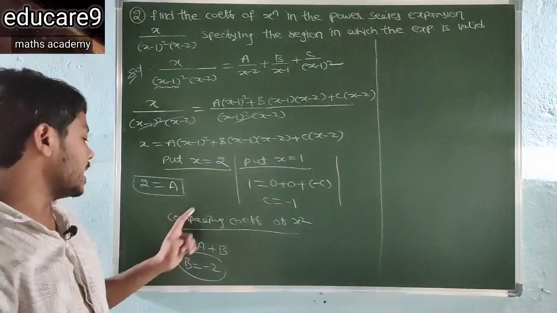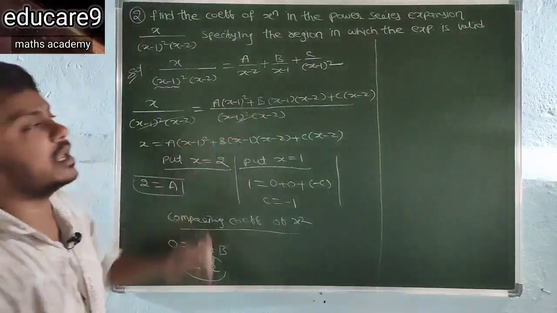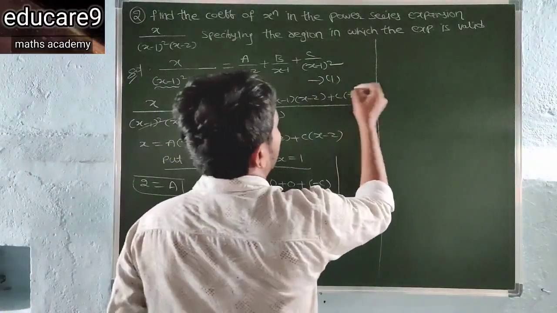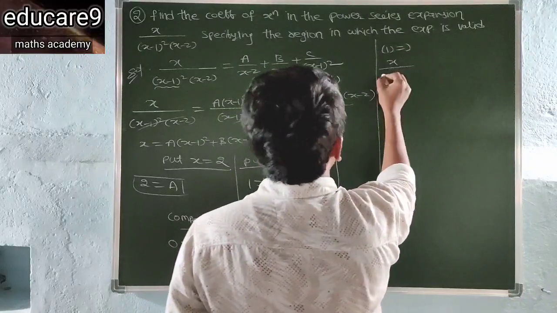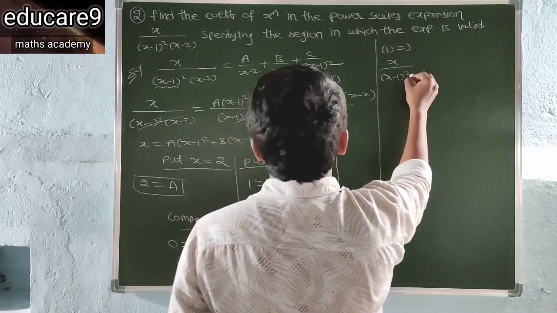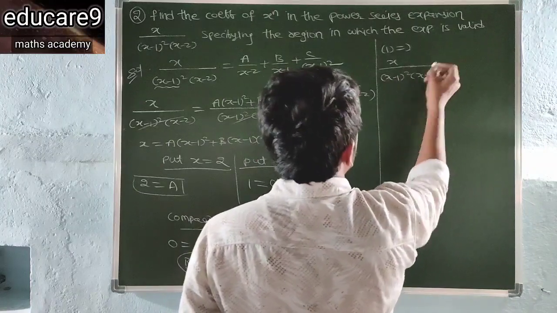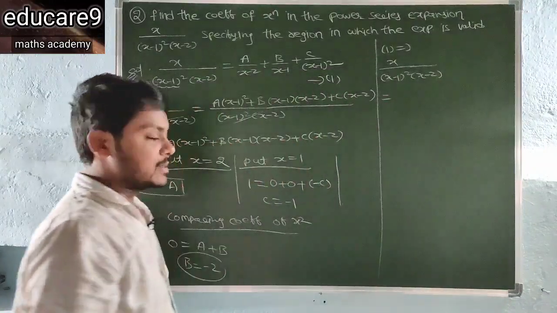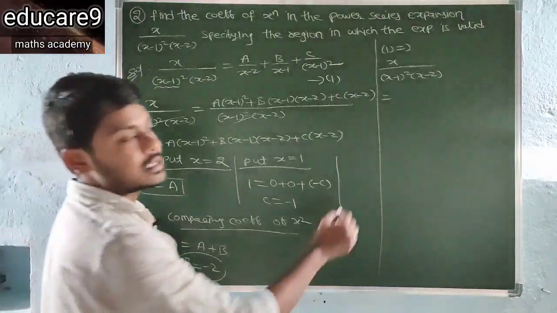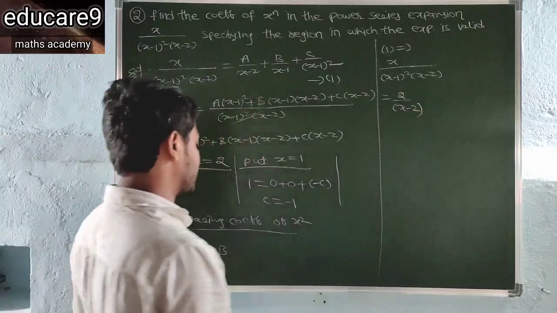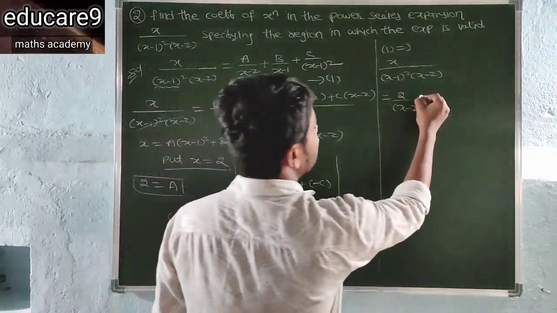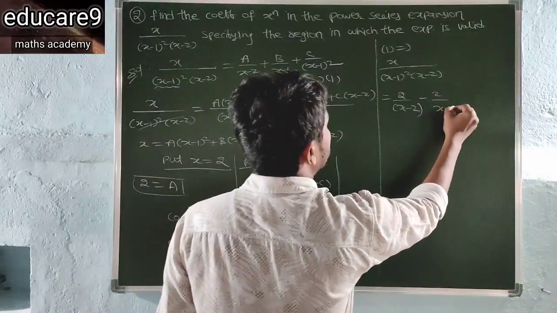Now substitute A, B, C in equation 1. So equation 1 implies x by (x - 1) whole square into (x - 2), which is equals to A by (x - 2), that is 2 by (x - 2). Next B by (x - 1), that is minus 2, so minus 2 by (x - 1).